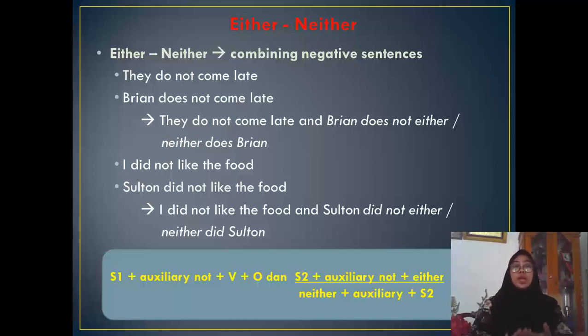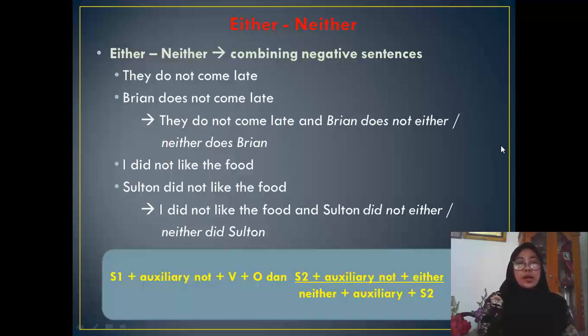Why? Because in English there are rules for using either and neither. The focus is that your sentence must be negative. The first sentence is negative, because we can see from the words do plus not that it is negative.